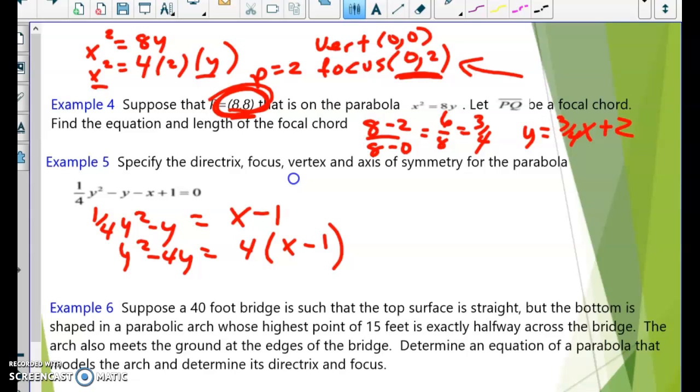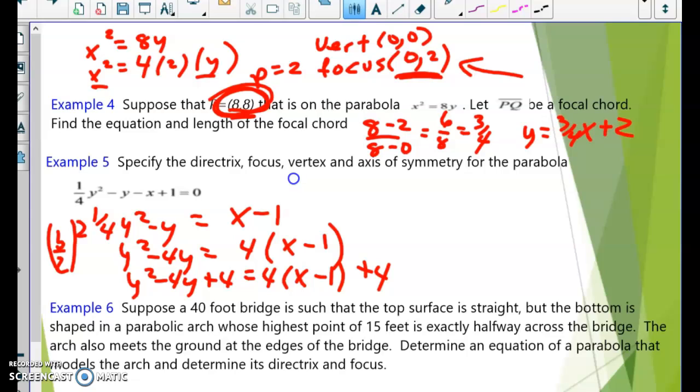And then I'm going to complete the square, so half of b gives me -2. -2 squared is 4. Add 4 to that side. Add 4 to that side. And so then I think I have the vertex form. Well, I might have to do a little bit of simplifying over here.